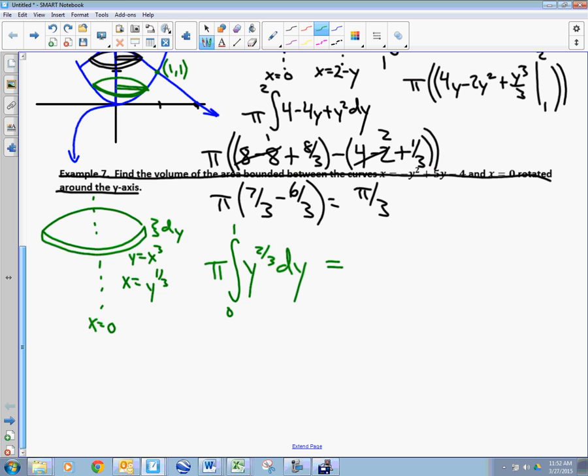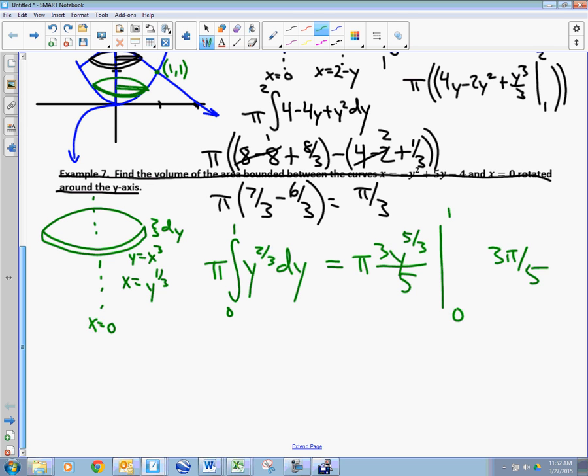Standard antiderivative of y to the 2/3. Three pi over 5.